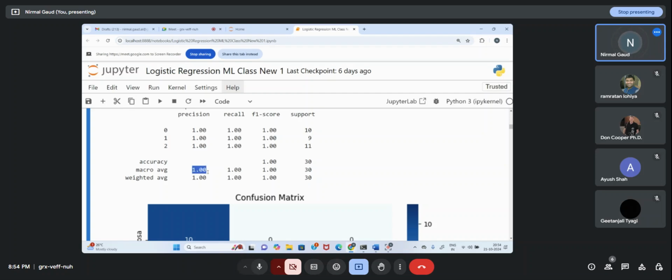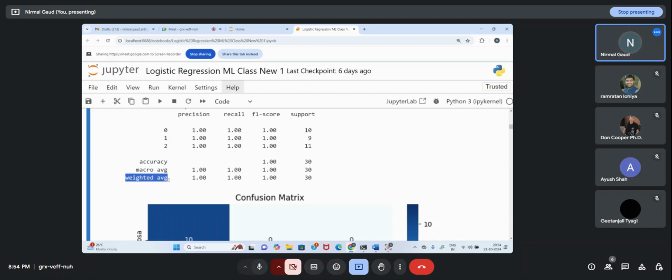Answer is 1. Same here also. Same here also. Macro average, that means the average precision, average recall, and average F1 score. Okay.